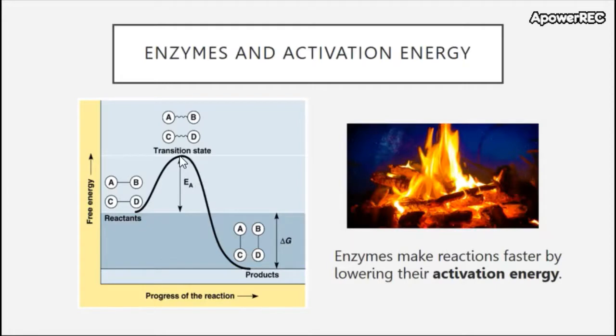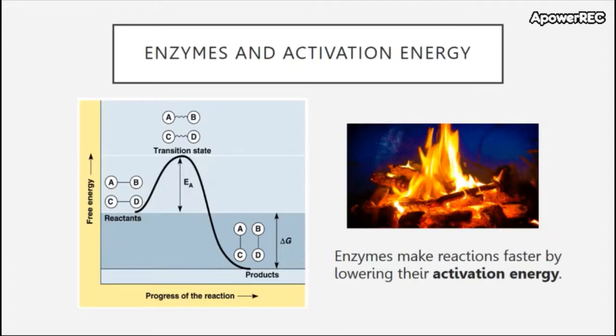This top of the hill is the amount of free energy required to make a transitional state. This transitional state is in between the state of the reactants and the state of the products. In order to reach that transitional state, the person holding the sled has to walk to the top of the hill. This is the amount of activation energy required, written E sub A.